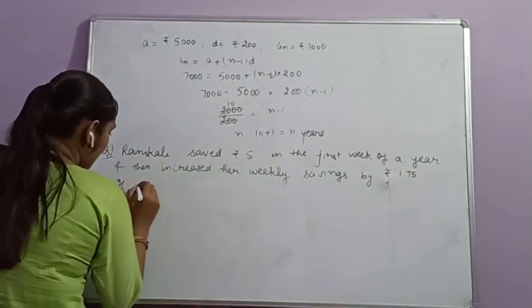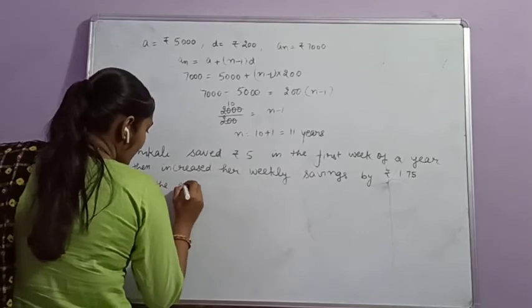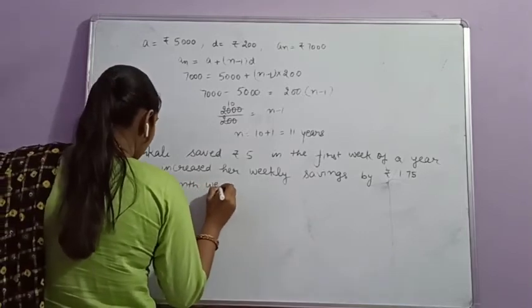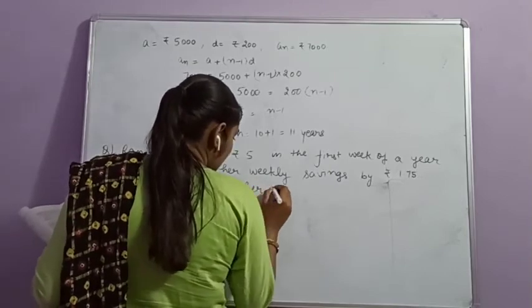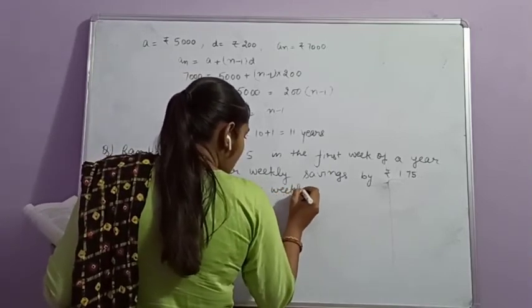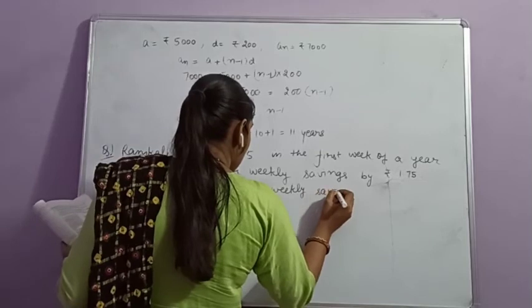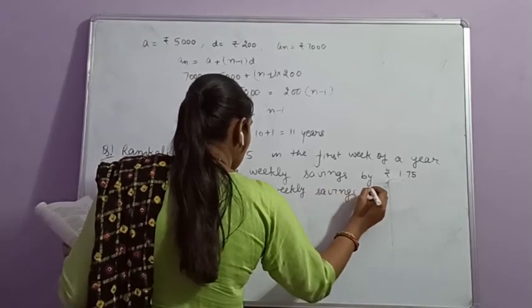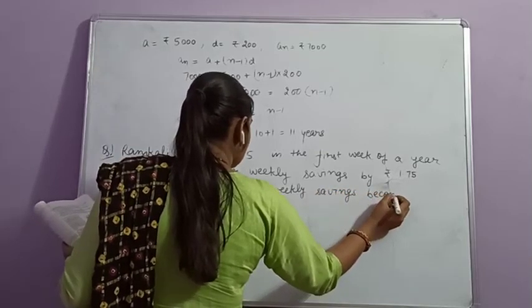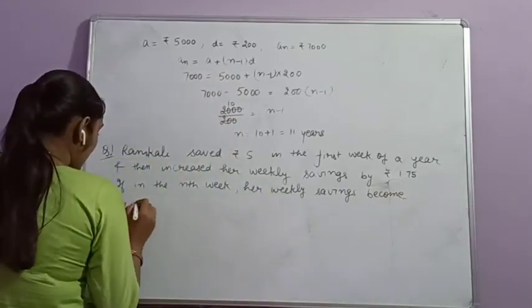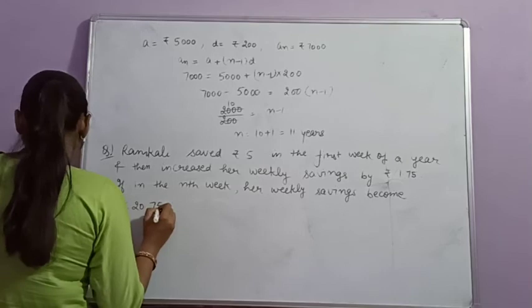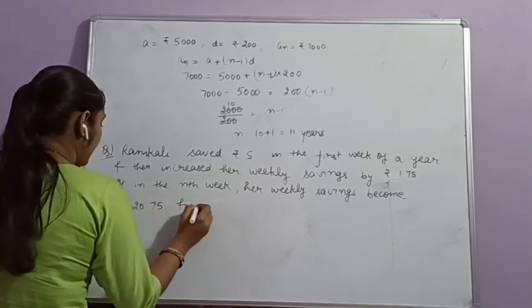If in the nth week her weekly savings become rupees 20.75, then find n.